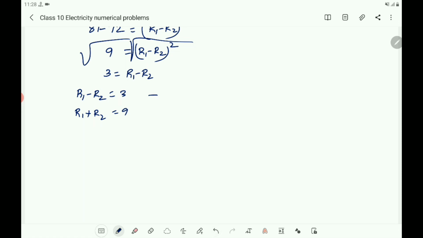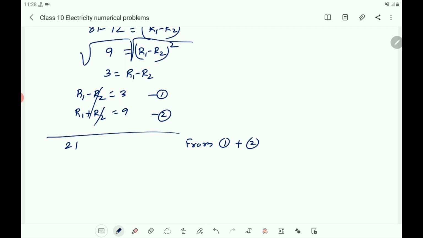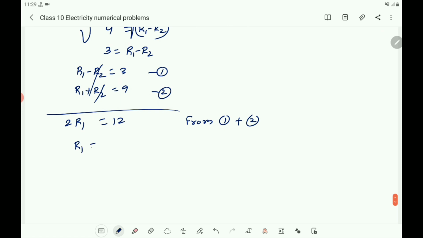So this is first, this is second. From first plus second, R2 cancels. 2R1 is equals to 12. So R1 is equals to 12 by 2. 2 6s are 12, that is 6.